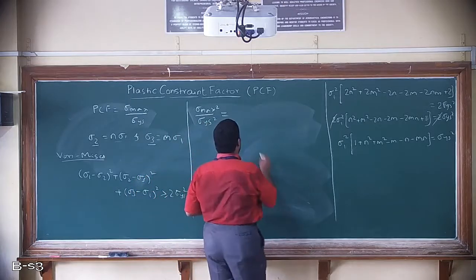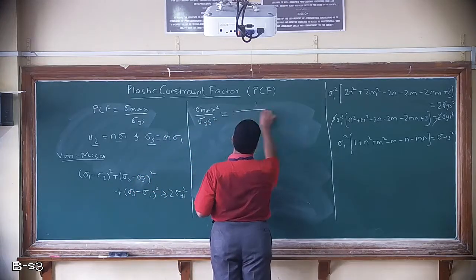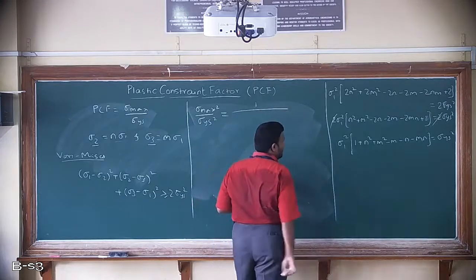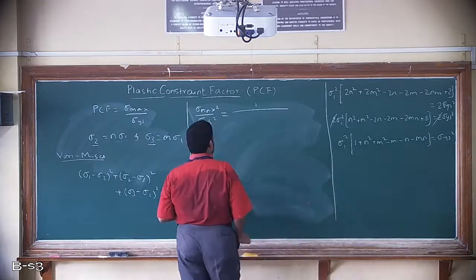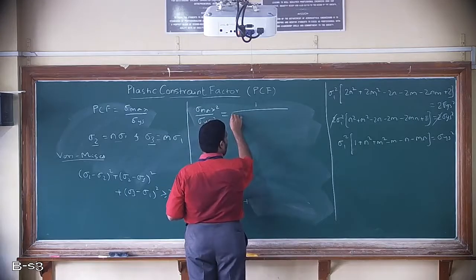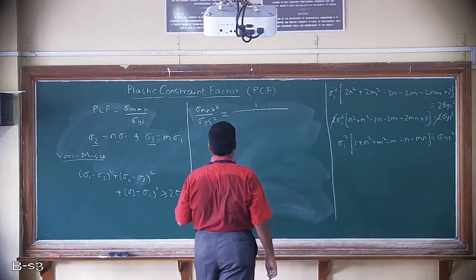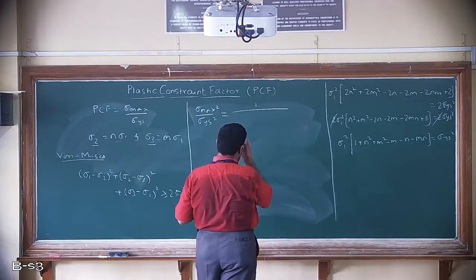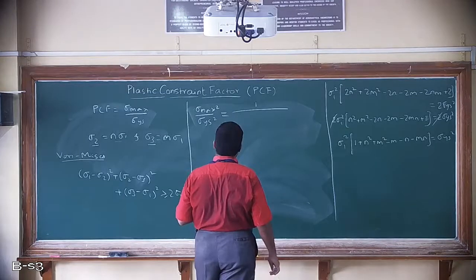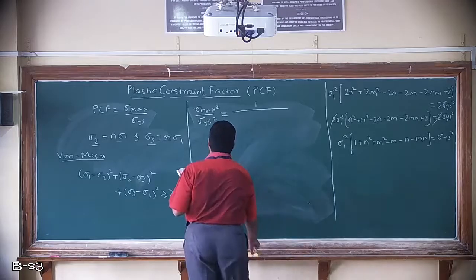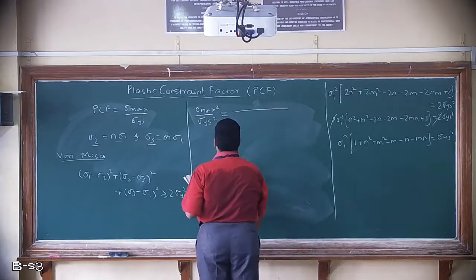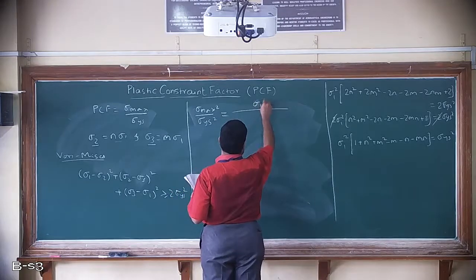So if we take the maximum stress as sigma 1 in this example, the maximum stress will be sigma 1 squared over here.